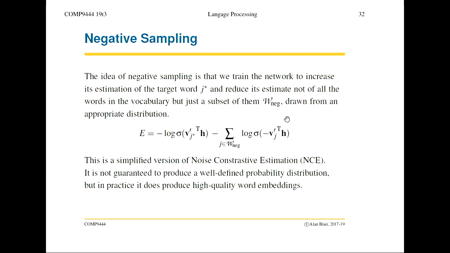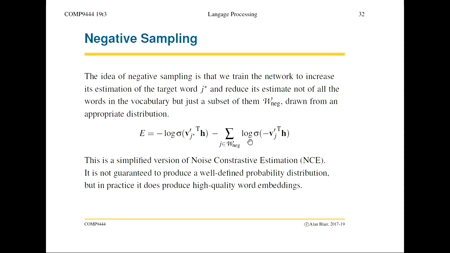We try to increase the log of the output of the correct word and decrease the log of sigma. I think I got a sign wrong. I better check that. There might be a sign wrong there. One of those is supposed to be negative, I think. So we try to increase this and decrease this.